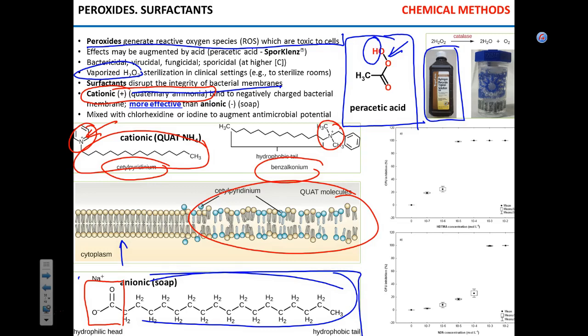In fact, the vast majority of household cleaning chemicals contain quaternary ammonia compounds. Sometimes they are even mixed with something like chlorhexidine or iodine. So you can mix quaternary ammonia and iodine, making it even more efficient in, say, cleaning patient skin.